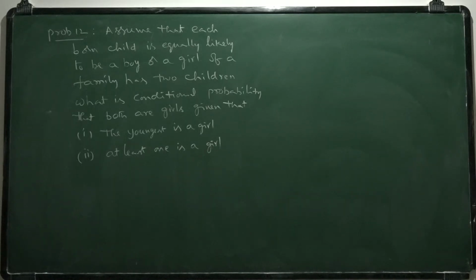So assuming that each born child is equally likely to be a boy or a girl, that means the family has the same probability of having a boy or a girl. That means 1/2 probability.